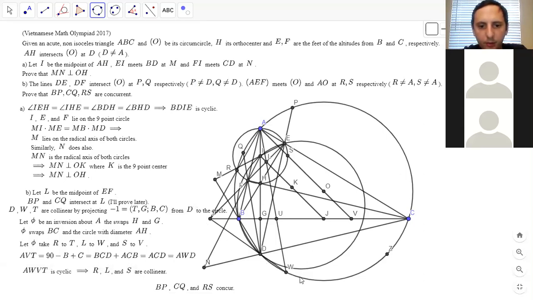That T, D, and W are collinear? No, I mean Q, L, and C, I guess. Oh, Q, L, and C are collinear? Yeah, this part right here.